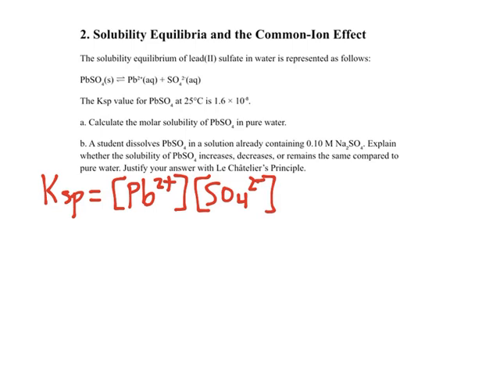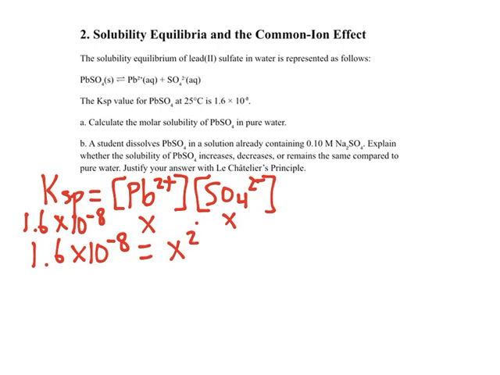Now, we don't know how much of this is going to dissolve, so we can call our lead concentration X. For every 1 lead, there's also 1 sulfate, so we could also call this guy X. We know the KSP value to be 1.6 times 10 to the negative 8th, so we can plug that in right here. So we're ending up here with 1.6 times 10 to the negative 8th equals x times x, which is x squared.